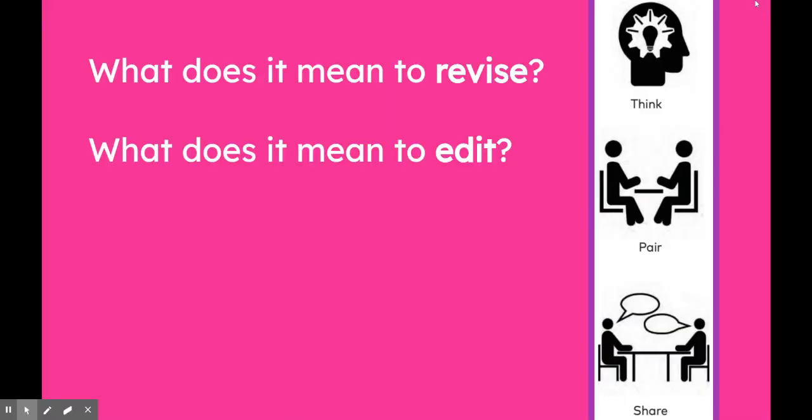Okay, when we revise, writers are making sure that their writing makes sense and that each part of their writing is doing its job. Now, when we edit, that is when writers do their best to make sure that their writing is correct and they fix any mistakes that they notice.